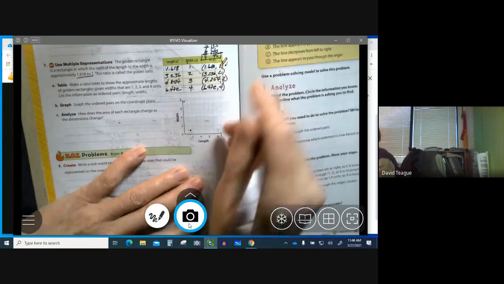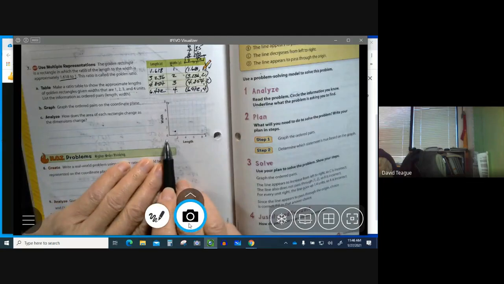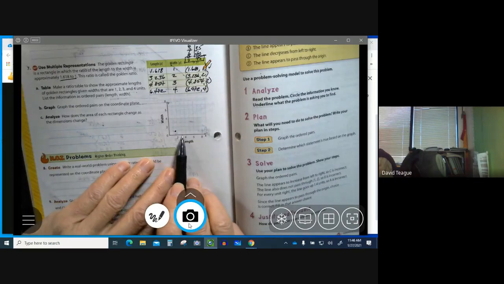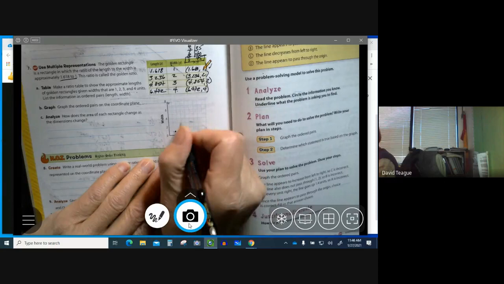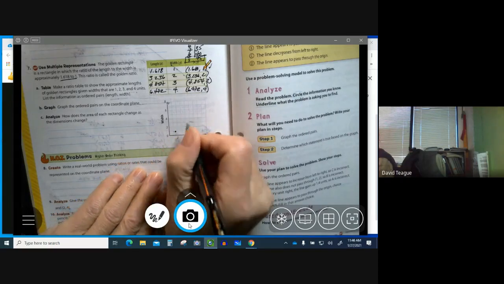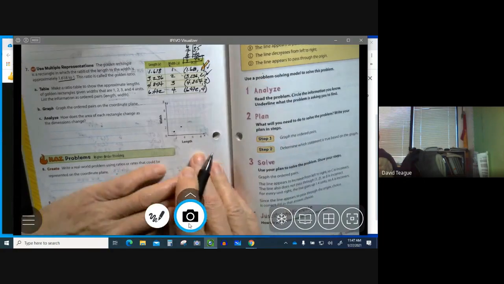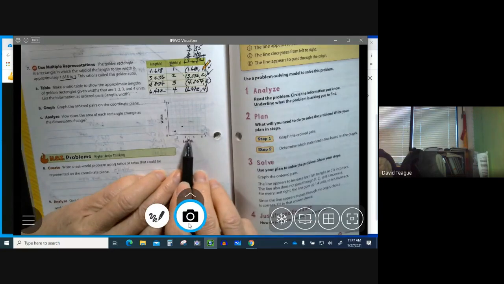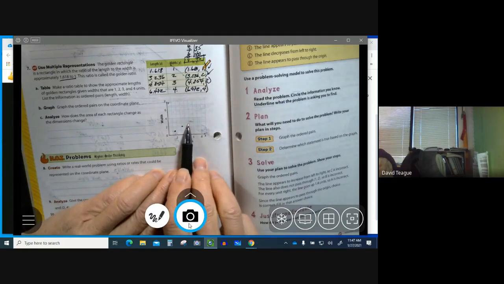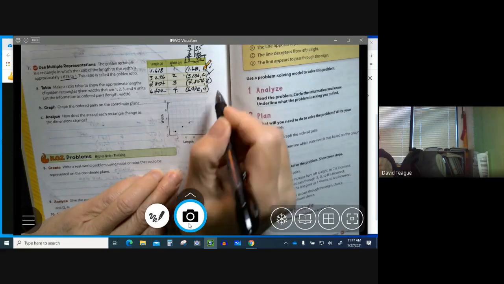The next one is 3.236, 2. So 3 would be here and a little bit more, and go up to 2. We put that right about there. Then we have 4.854, which is almost 5, to 3. We go up to here, which makes that point right there.